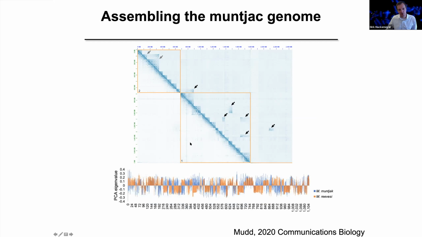If you plot that for one of the chromosomes, the AB compartments that you can generate out of these Hi-C contact maps are actually quite different between the 2 species.